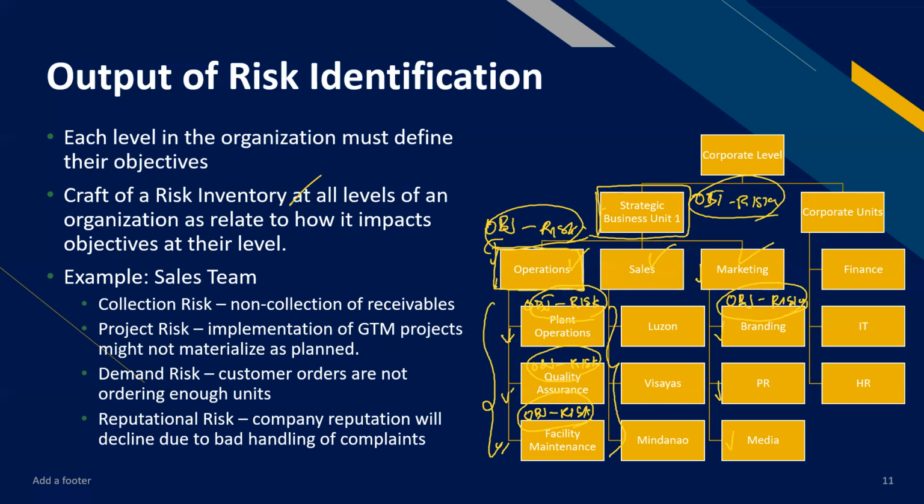Pag na-identify na yan, pag-uusapan at the corporate level, what is the corporate objective and what are the risks of not attaining those corporate objectives. For example here, the sales team, no, each of them will list down their risk. Okay? At later, pag-uusapan, alin dyan ang significant, alin ang hindi. So, objective lang sa risk identification, identify mo lahat which risks are significant to the entity. Okay?